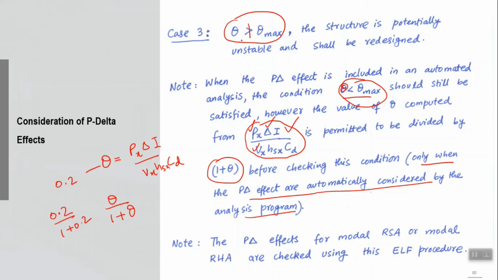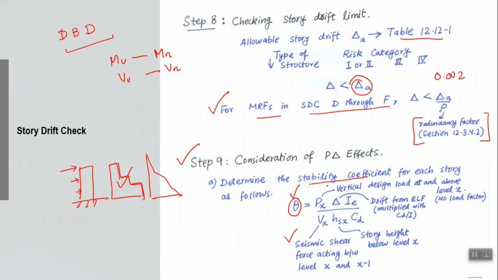So one important consideration again related to the P delta effect: even if your first few steps tell you that the ELF procedure is not applicable, even in that case the P delta effect for modal RSA or modal response history analysis is checked using the ELF procedure, right? So to calculate theta with this last expression, Px, Vx, delta all will be coming from the ELF procedure, right?